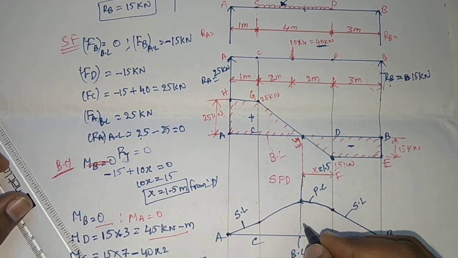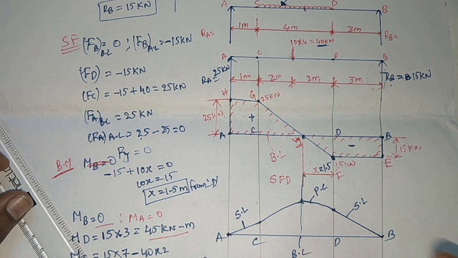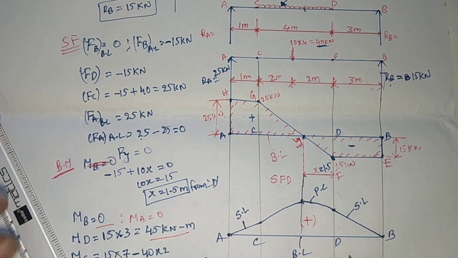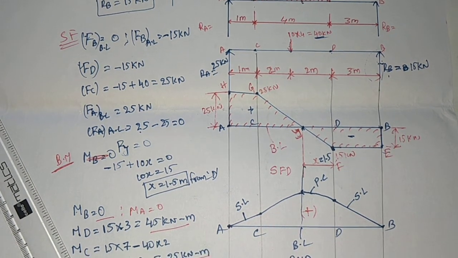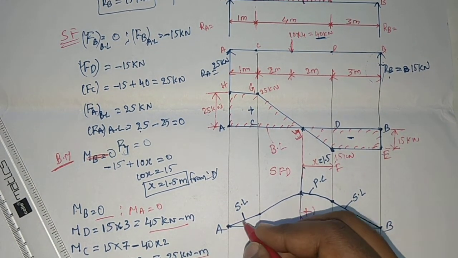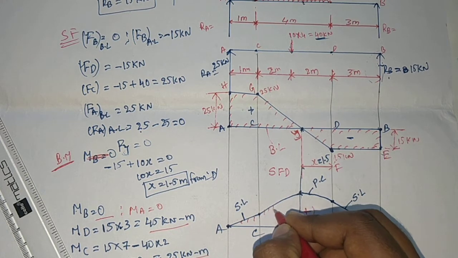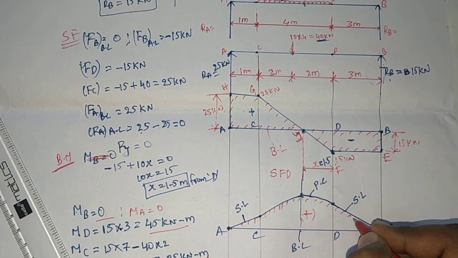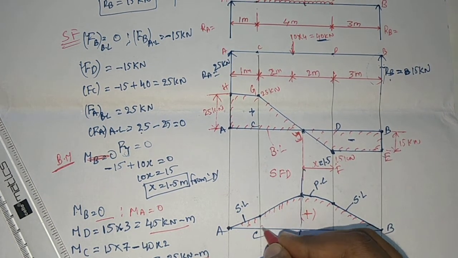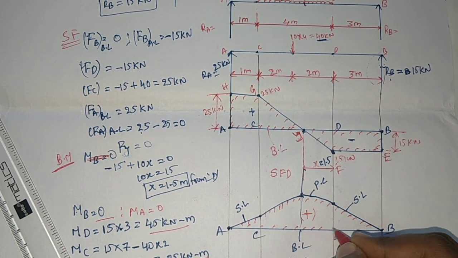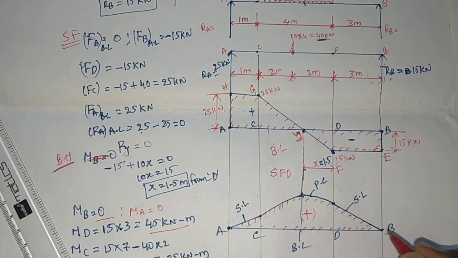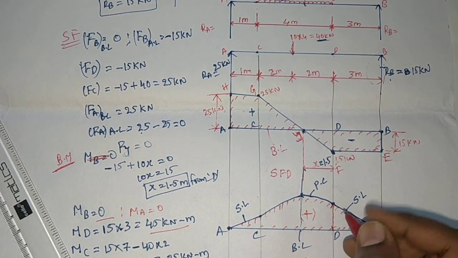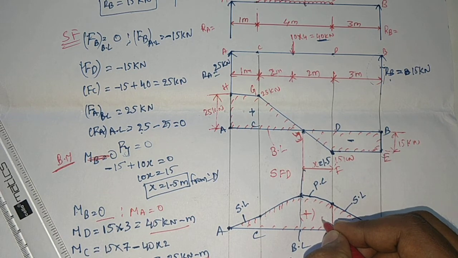It is the positive bending moment, so the variation of the bending moment is drawn above the baseline. Here the value is 45.